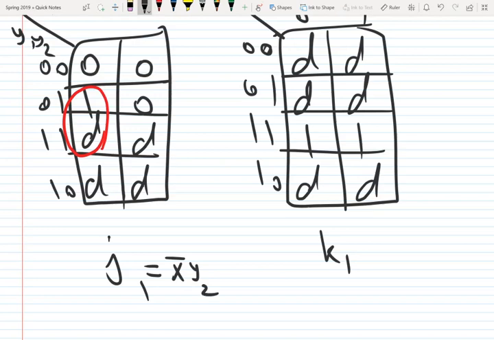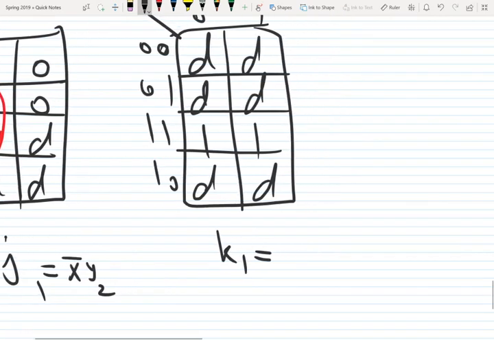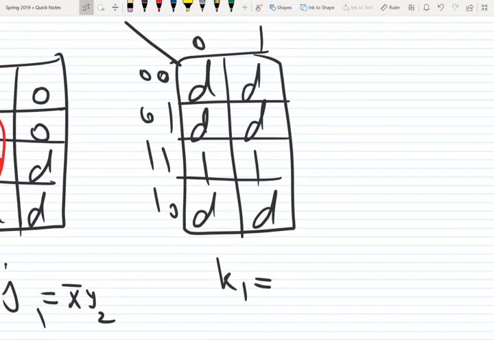Any question? Now I'm sure that you can tell me what is K1. At least one or two of you, I'm sure, know the answer. Y1 Y2.